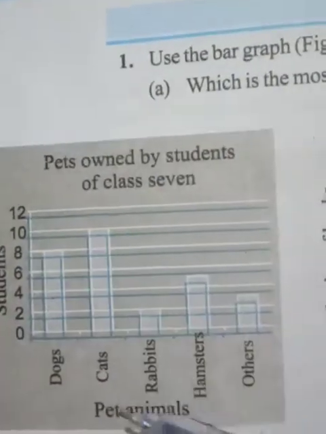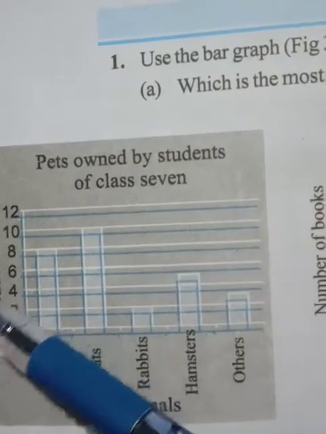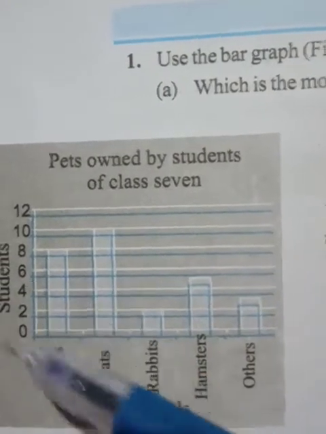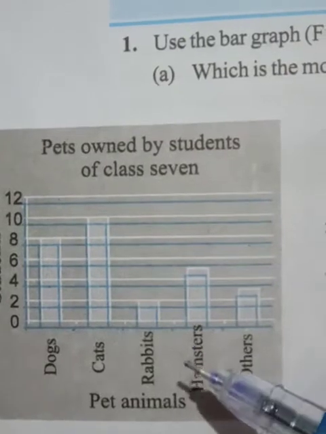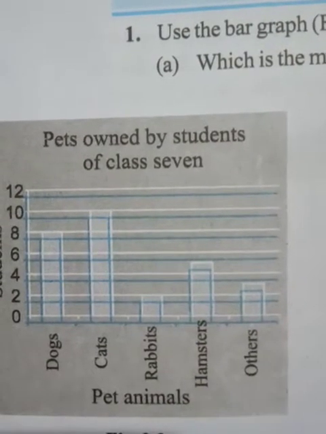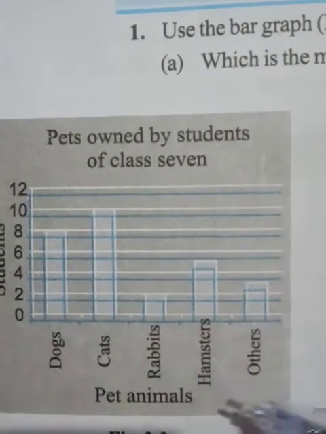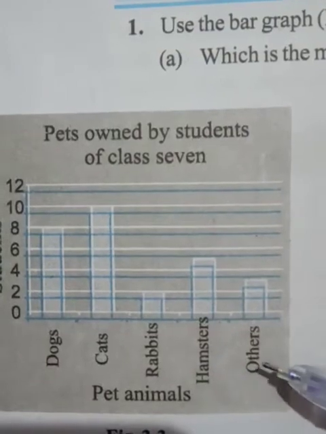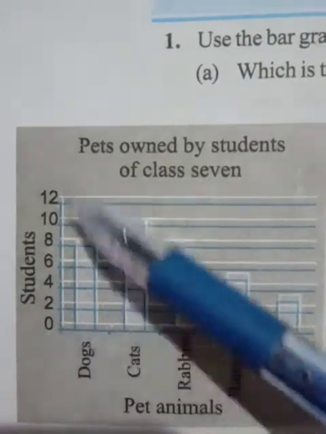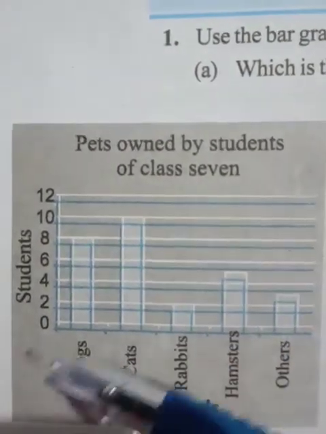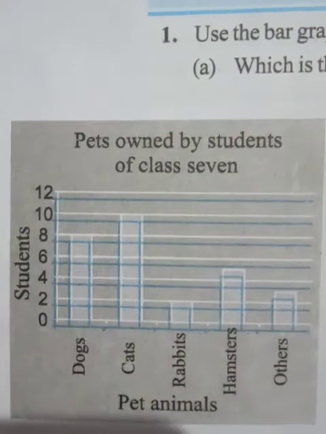Here you all know that this one is the x-axis and this one is the y-axis, isn't it? In the x-axis they have shown the pet animals like dogs, cats, rabbits, hamsters, and then others. And then here the number of students, how many are having the pets as these animals.